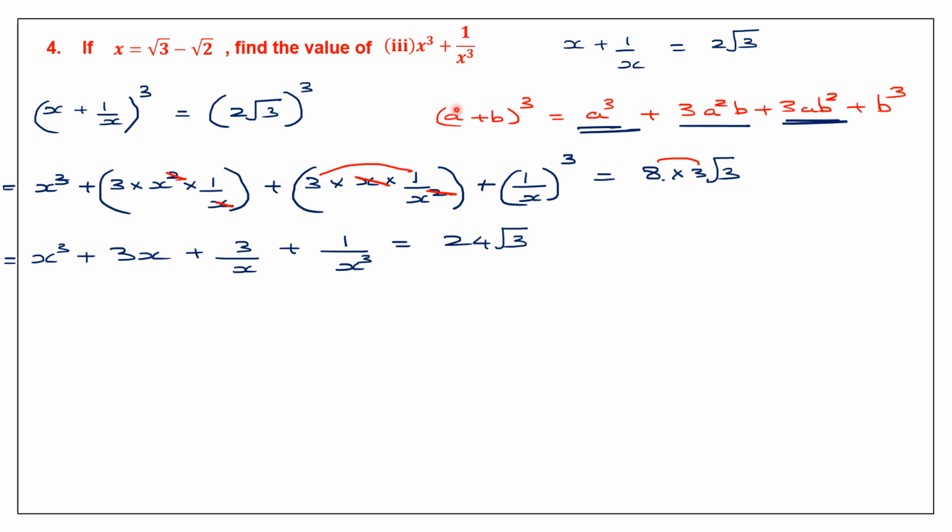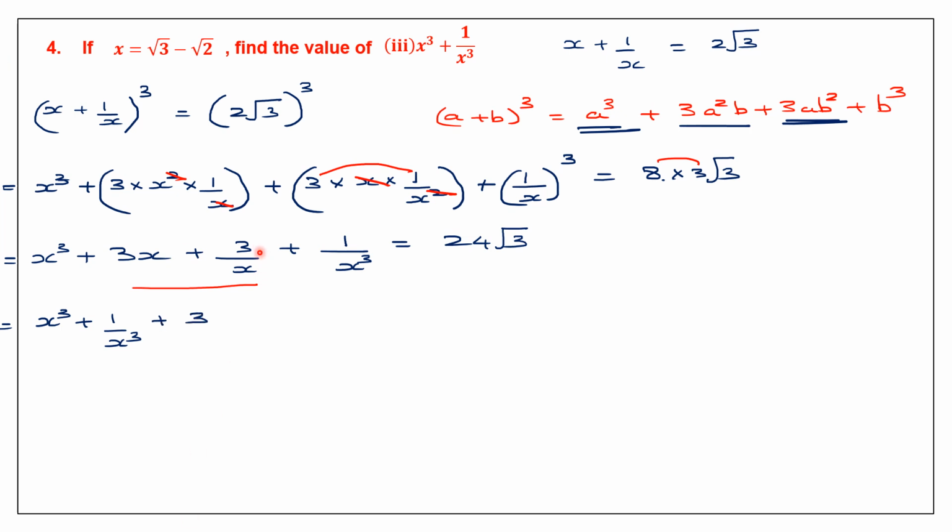Now what is it that we need to find out? We need to find out x cube plus 1 by x cube. So here we have x cube. Here we have plus 1 by x cube. Let's put both that together. So that will be x cube plus 1 by x cube. Now what is remaining? We have 3x plus 3 by x. So that also what we can do is, since 3 is common, we can put 3 out and the remaining inside brackets. So that will be plus 3.